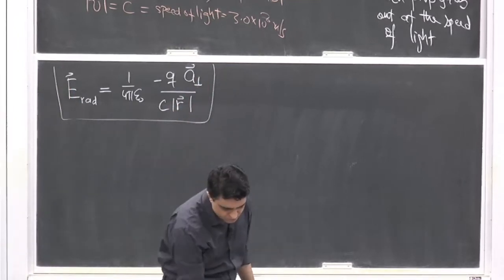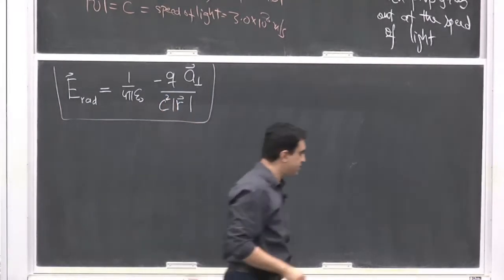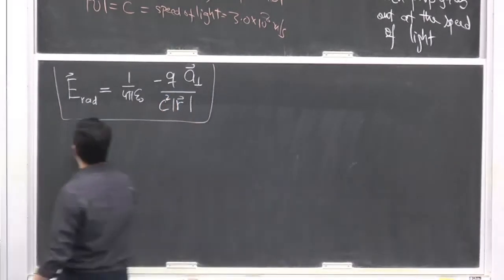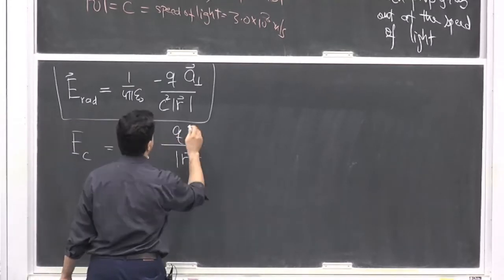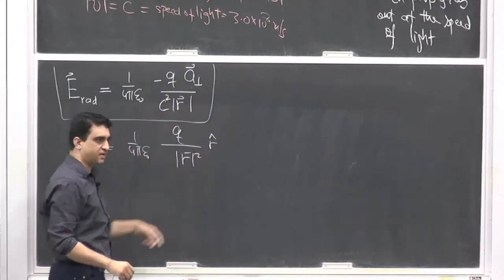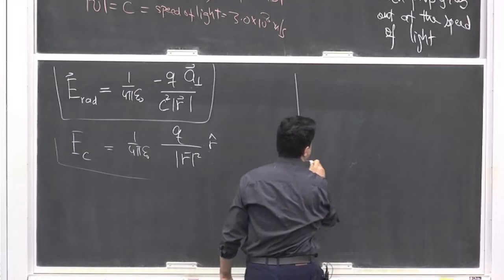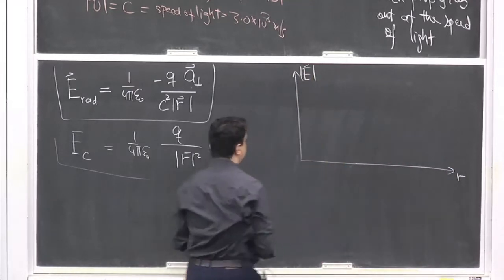So let's try to find out the magnitude of this. Let's say you have an accelerating charge plus q which accelerates in this direction, and you want to find the electric field at a certain location r. The electric field we are interested in now is the radiation electric field, or the radiated electric field.